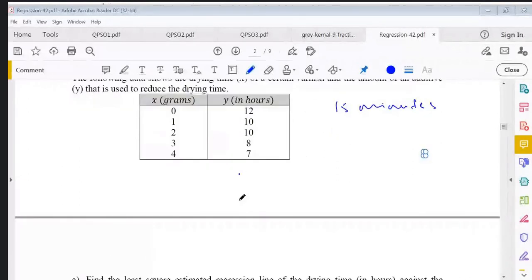Okay, what's the value A? Least square is the regression line, it is y. What is the value A? Okay, 8. What is the value B? Okay, negative 1.2.